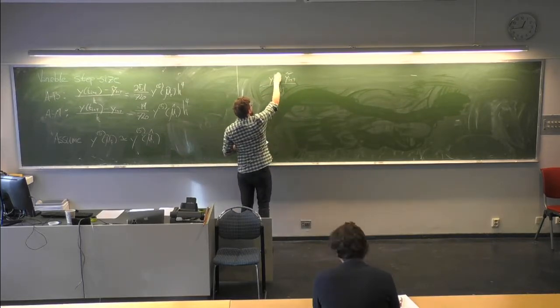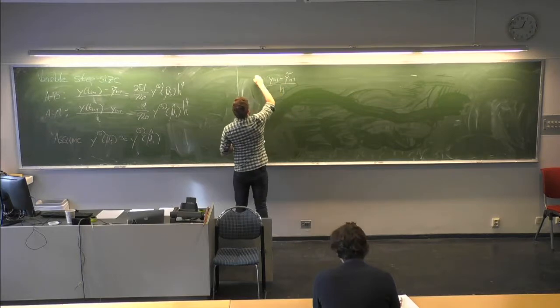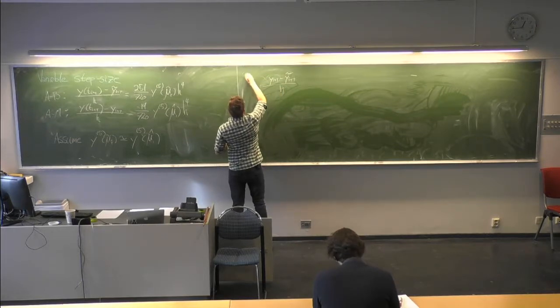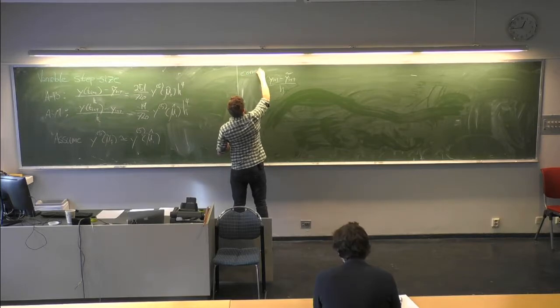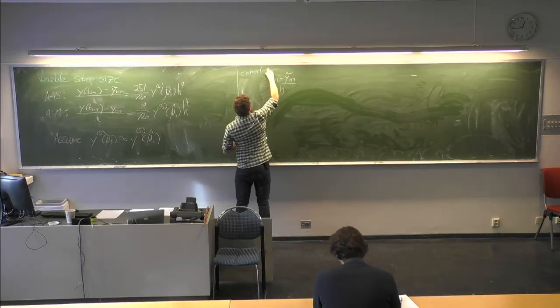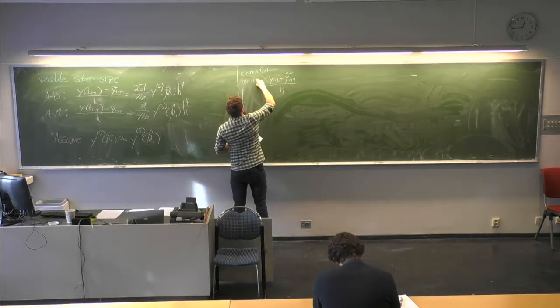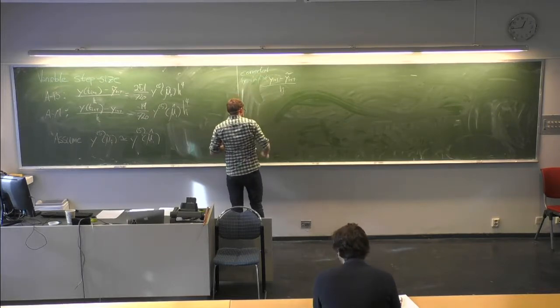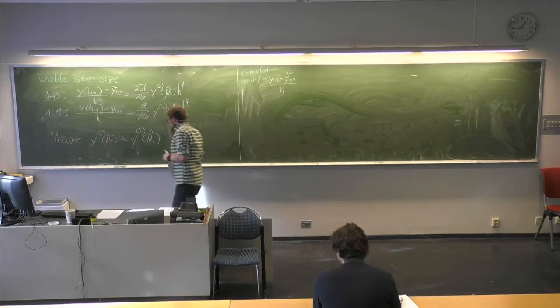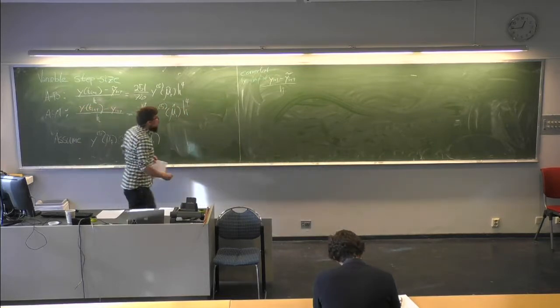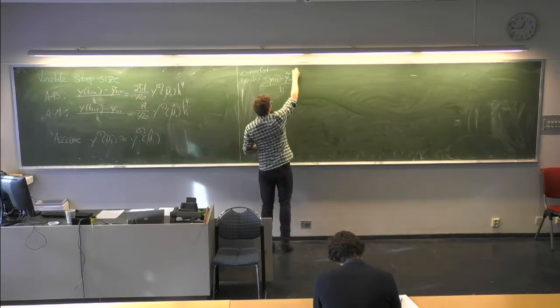So this is corrected, from the implicit equation, and the other one here is the approximated one from the explicit.